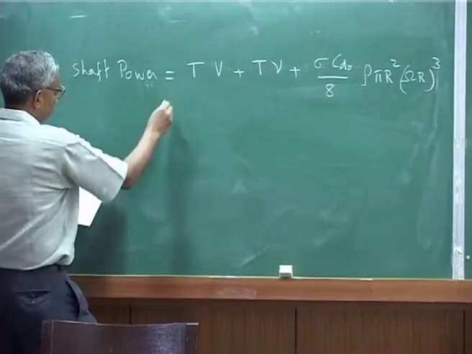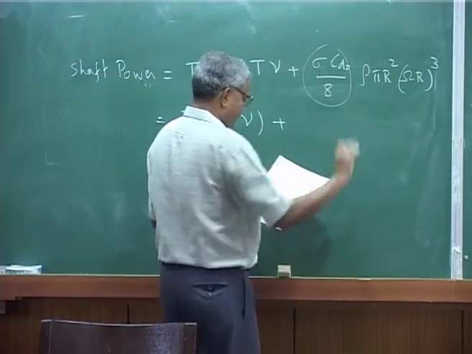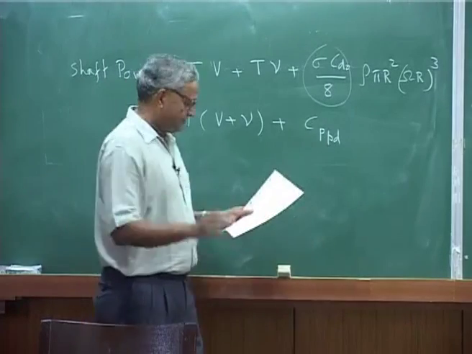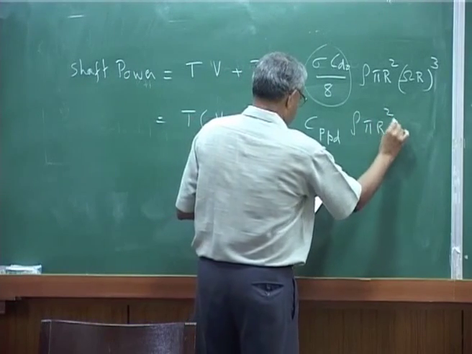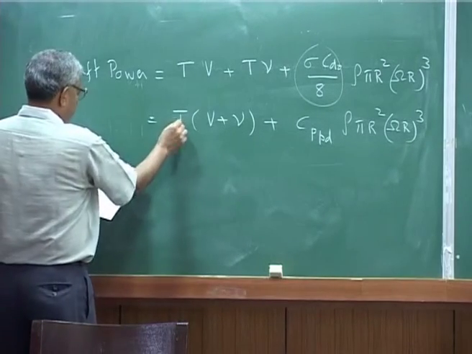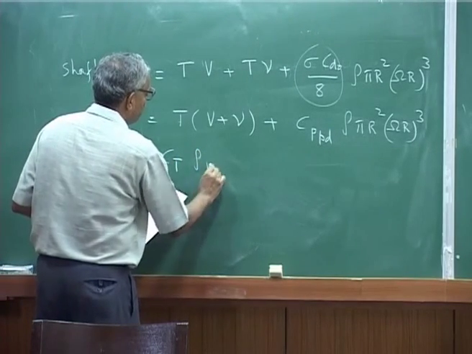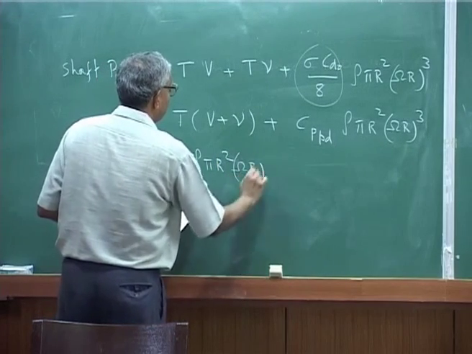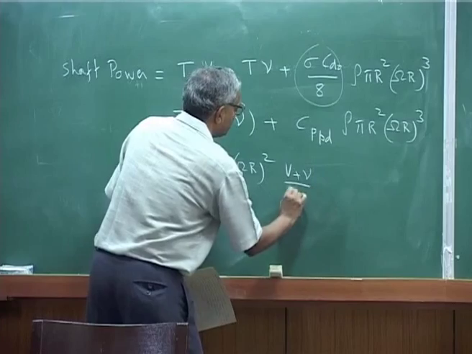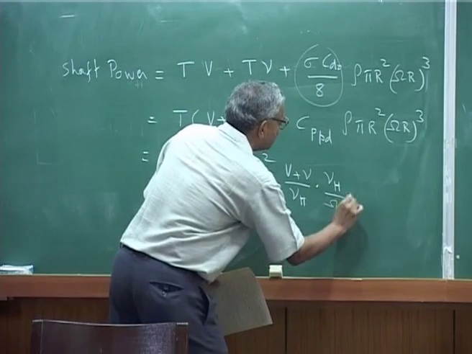This is T into V plus nu plus, I combine all these things as some Cp profile drag, okay, just profile drag, rho pi r square, and this I can replace by Ct, nu h over omega r into omega r.